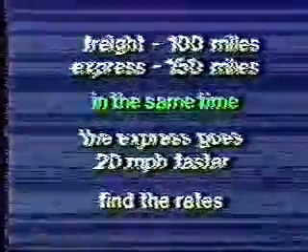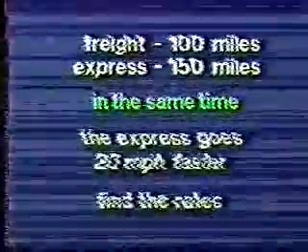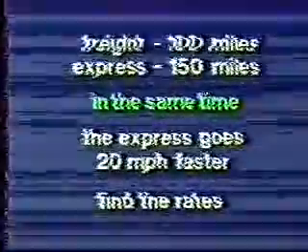Let's summarize our information. The freight goes 100 miles in the same time, it says, as the express goes 150 miles. All right, and we're also told that the express goes 20 miles per hour faster, and we're looking for the rates. Well, sometimes with distance problems like this, it's valuable to build some table of information like this. Now, let's fill in the information that we know.